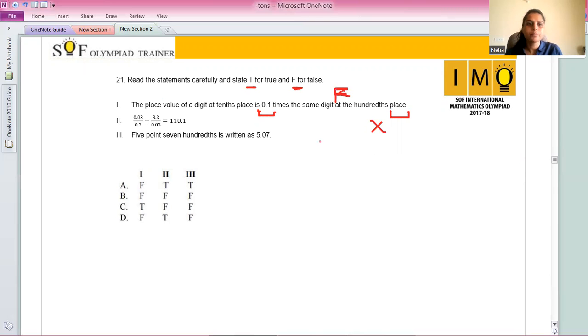Now the second statement: 0.03 upon 0.3 plus 3.3 upon 0.03. First I have to remove these dots.